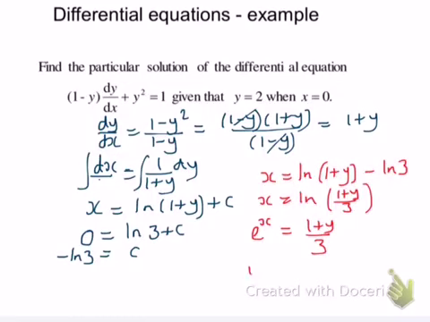Multiplying through by 3, I can now say that y equals 3e^x minus 1.